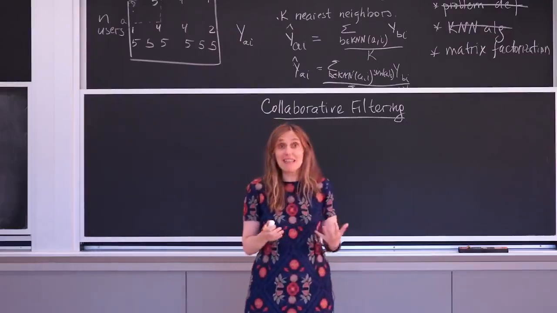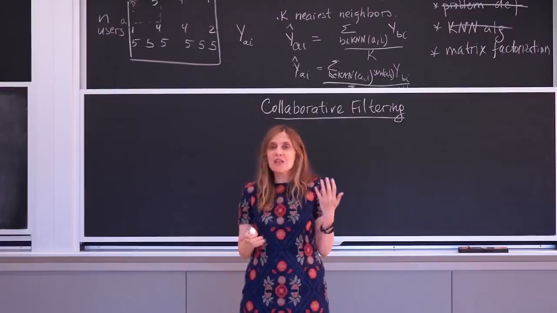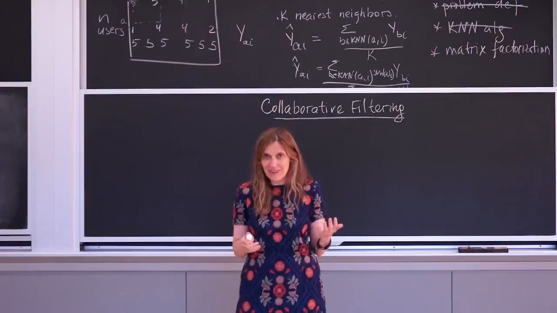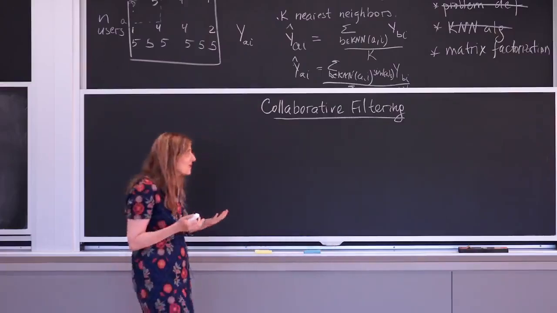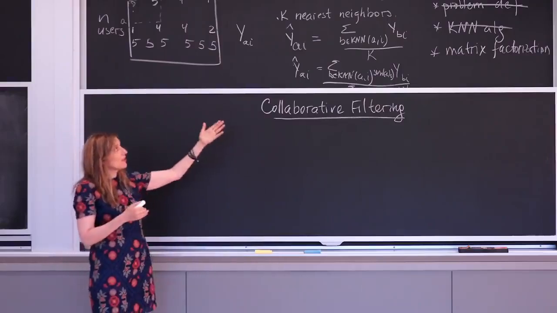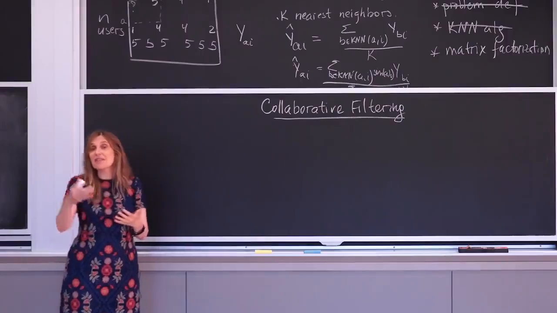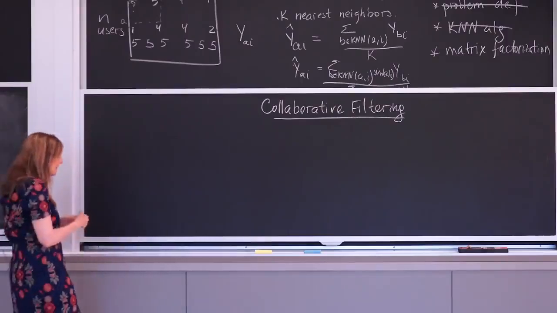You remember what we did there? We said we have some objective and we want to optimize this objective. So what I would like to do is think about the problem of recommending products as a standard objective-driven algorithm.